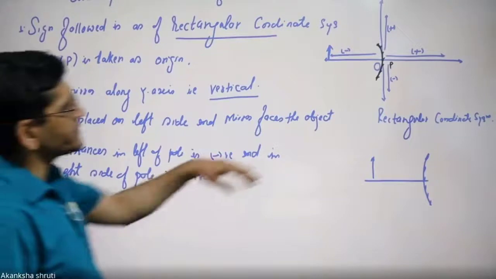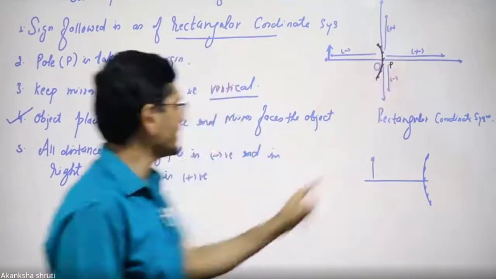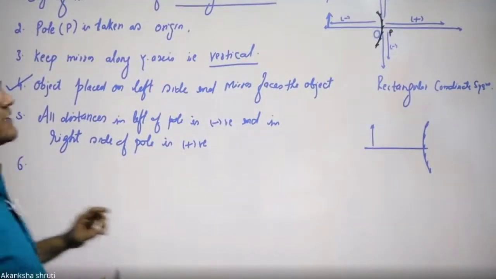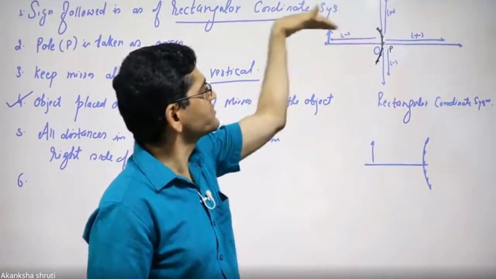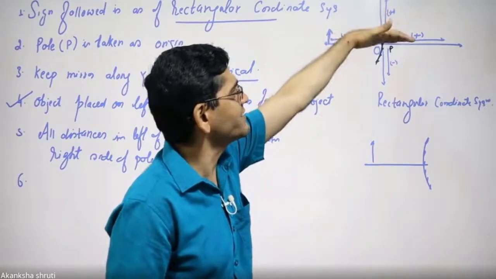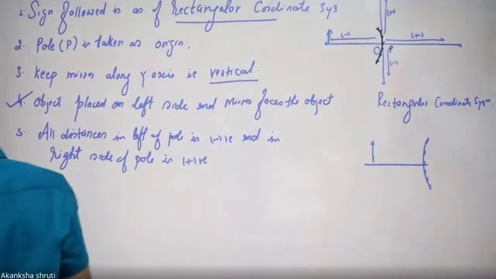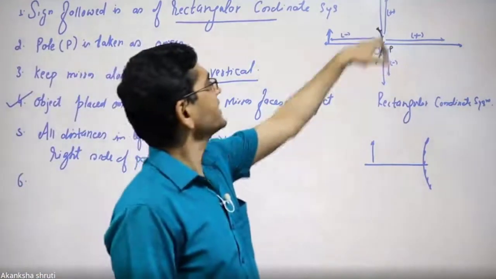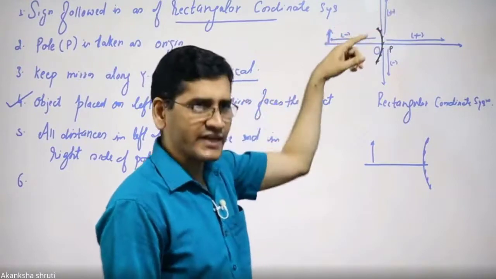So this is regarding the horizontal distance. Now regarding the vertical distance, there is another convention. The convention is that all the height above this principal axis is positive, or above this pole is positive, and the height measured below the pole is taken negative. The next convention is height measured above this principal axis or above the pole is taken positive.